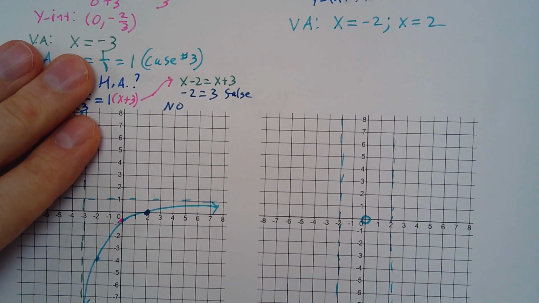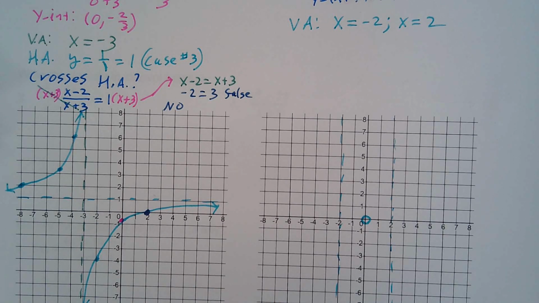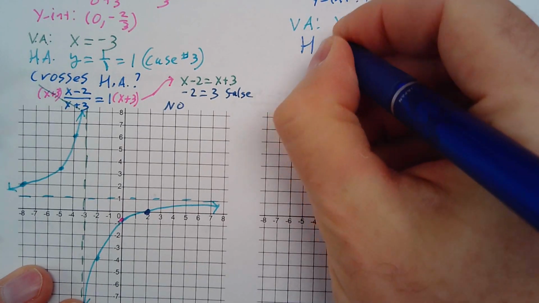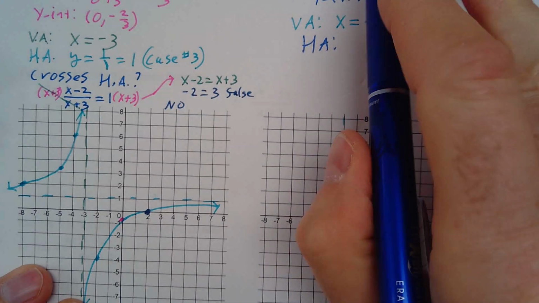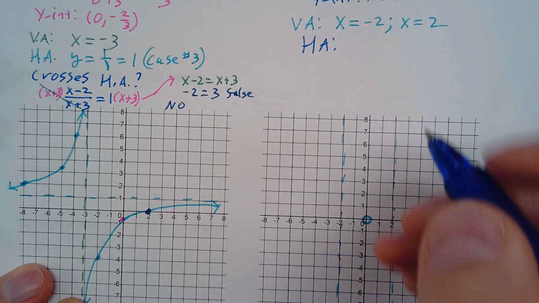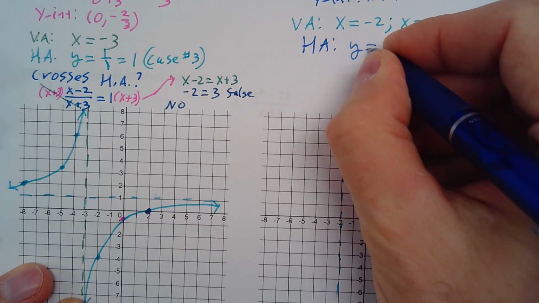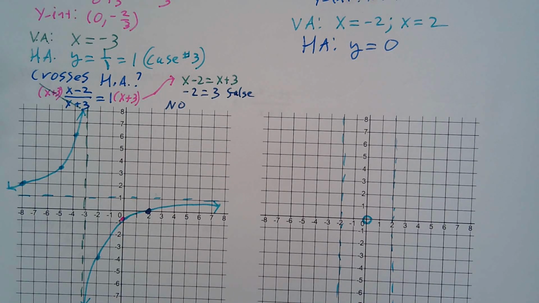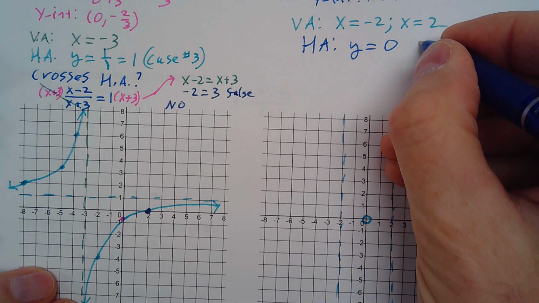All right, next we're going to get the horizontal asymptote. Here my degree is larger on the bottom, so y equals 0 is going to be my horizontal asymptote. This falls under case 2.